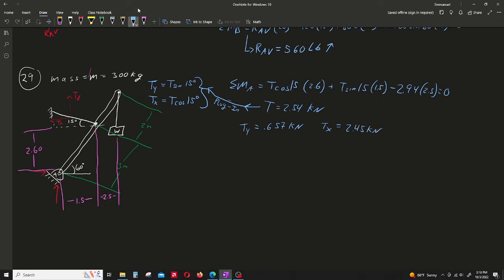So what about the forces in the y direction? Well, we can do that by solving for A in the vertical. I really should say RA in the vertical, RA in the horizontal, RA in the vertical. So RA in the vertical is going to be plus 0.657, which is my T in the vertical, minus 2.94, which is my weight coming down.